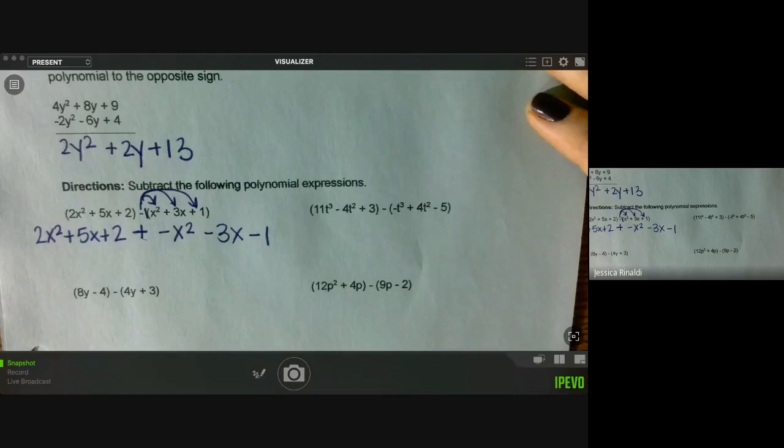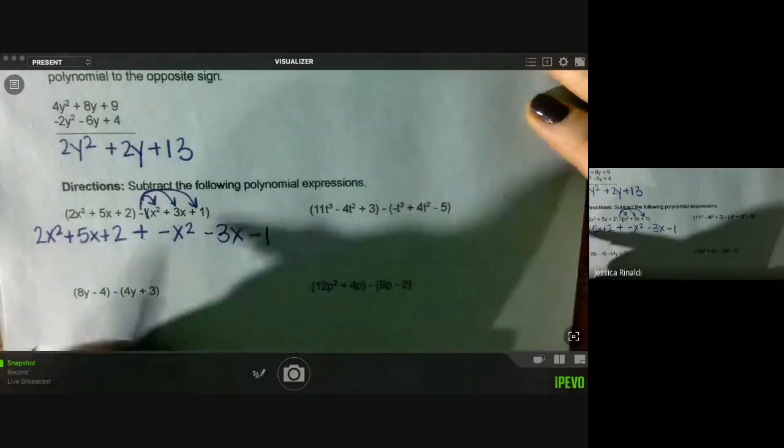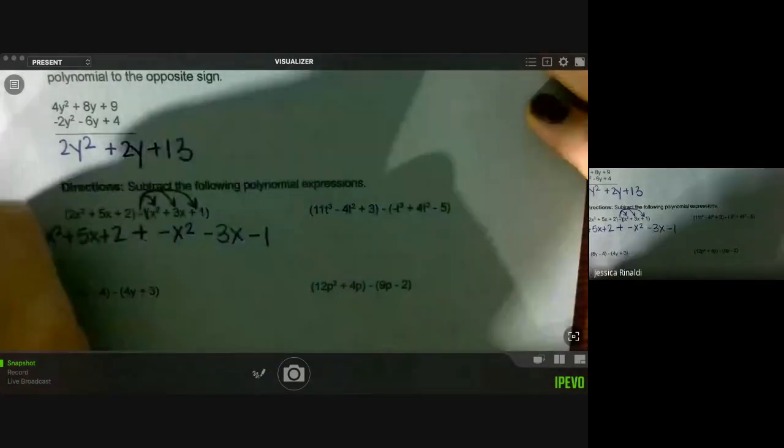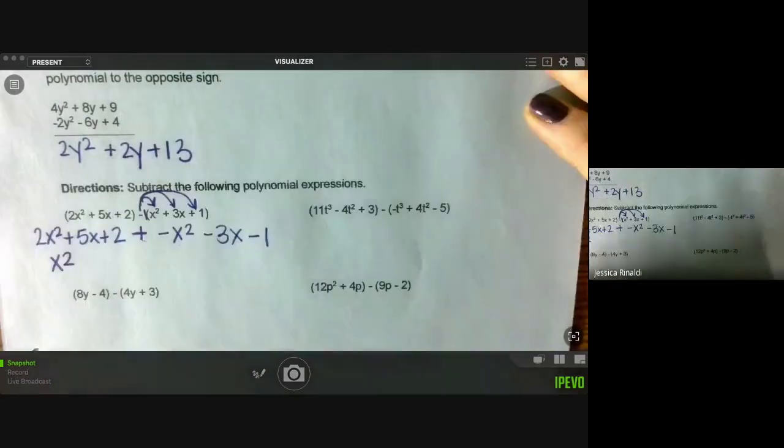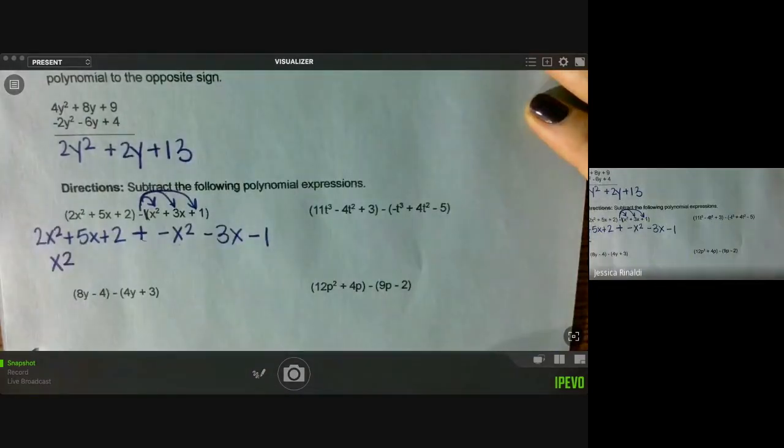So let's pick out my like terms. Is there anything to combine with 2x squared? Yeah, the minus x squared. So I have 2x squared and a -1x squared leaves me with 1x squared. Does it help you when I cross them out, the ones that we used?